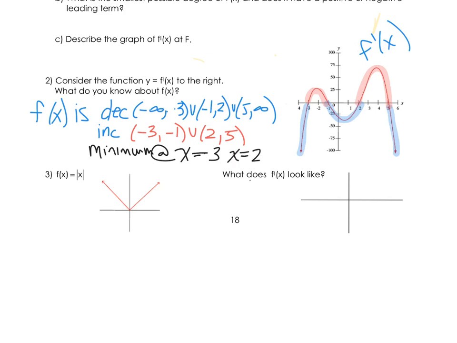How do I know there's going to be a minimum there and there? Here's how I know. If the derivative goes from below to above, then that means the function goes from decreasing to increasing. When I say goes from, I'm talking left to right. You read a graph left to right.